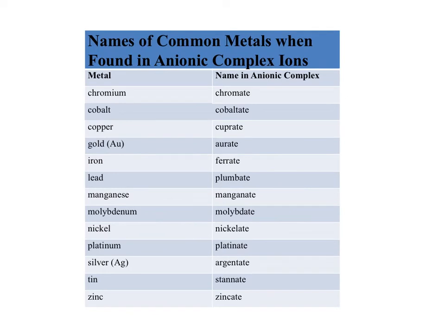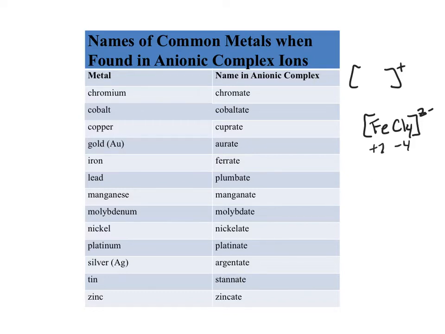Now we're looking at names of common metals when found in anionic complexes. So our previous example, we had a cation that was our complex ion, and so we used just the name of iron. If we happen to have a complex anion, so for example, FeCl4 2 minus, I know each chloride is -1, so that's overall -4.